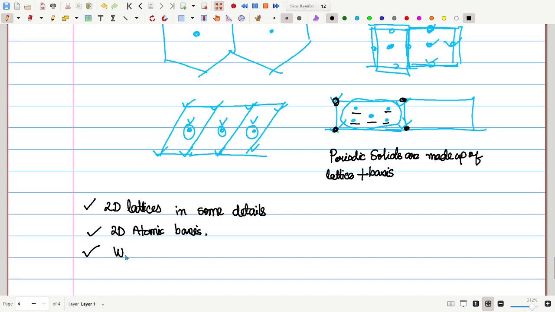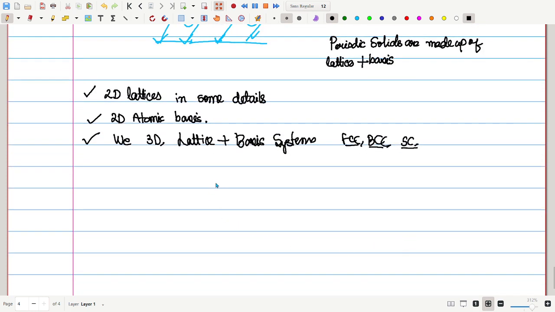We will see some 3D lattice plus basis systems: FCC, BCC, simple cubic, face-centered cubic, body-centered cubic, a lot of lattice plus basis systems.